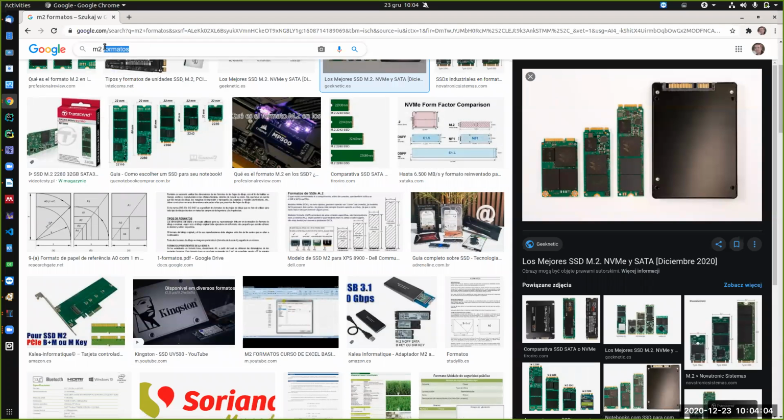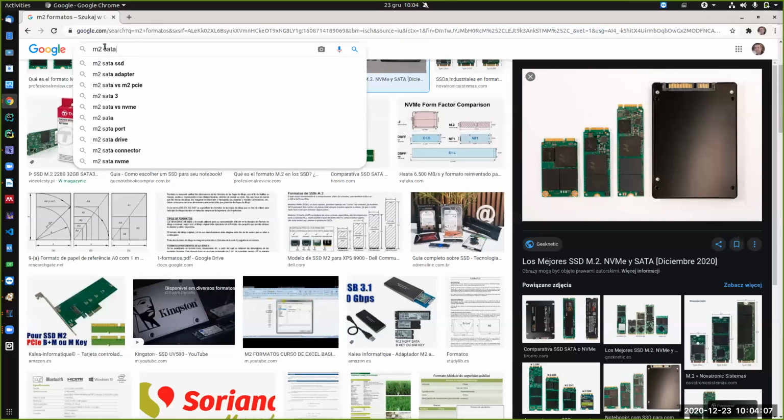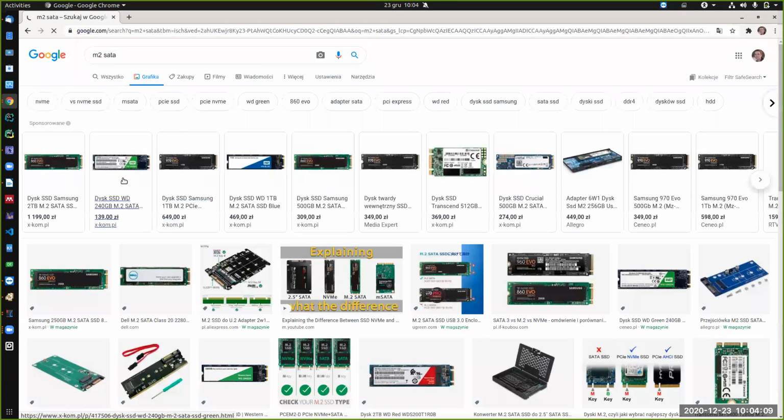Because if you try to buy a hard drive, you can see that for M2 the cheaper hard drives use serial ATA, and the more expensive ones use NVMe. So both of them have M2.